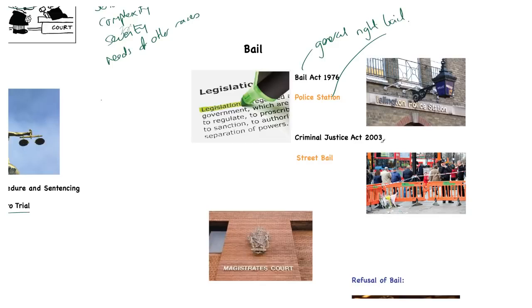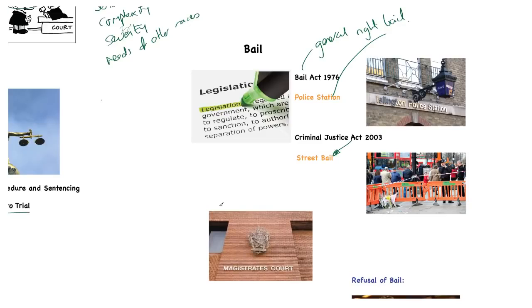The Criminal Justice Act 2003 also allows something called street bail, which means that you can charge somebody pretty much on the street, and you can bail them to appear back at a police station, or you can bail them to appear back at court at a later given date.